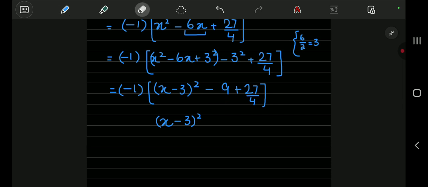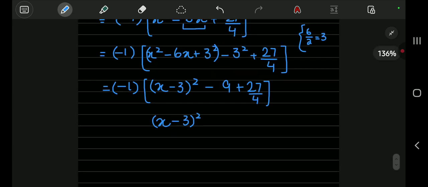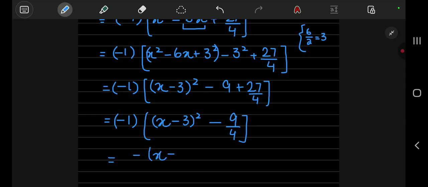So minus 36 over 4 plus 27 will give you minus 9 over 4. And this will give you minus of, when you expand it, the minus 1 you are again multiplying it inside, it will give you plus 9 over 4.